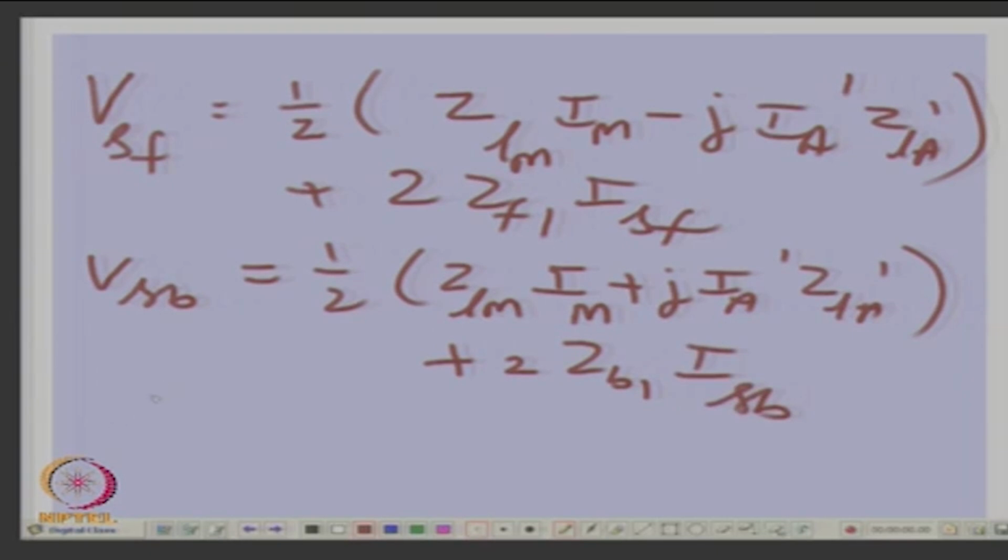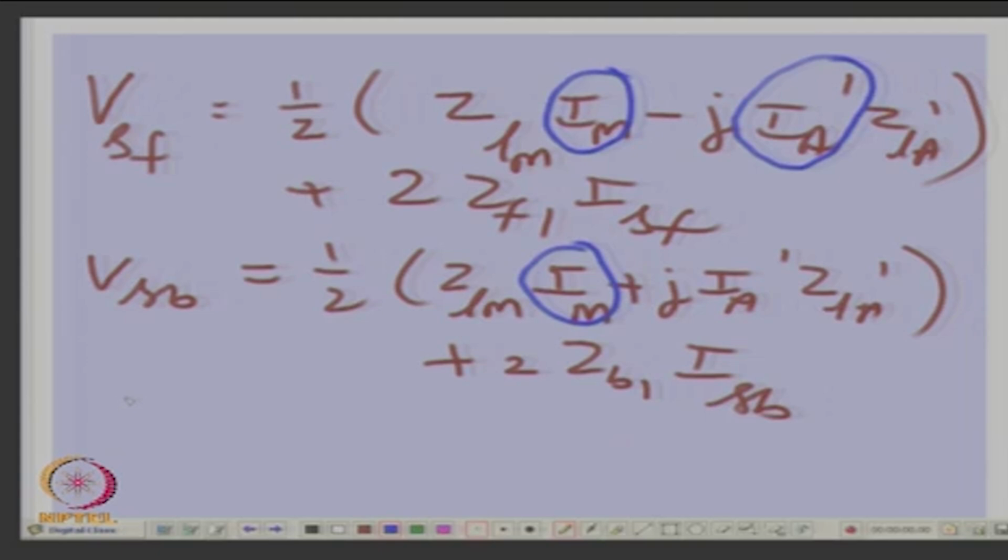Now, you can also go a reverse way and write Im and Ia dash in terms of ISF, ISB.